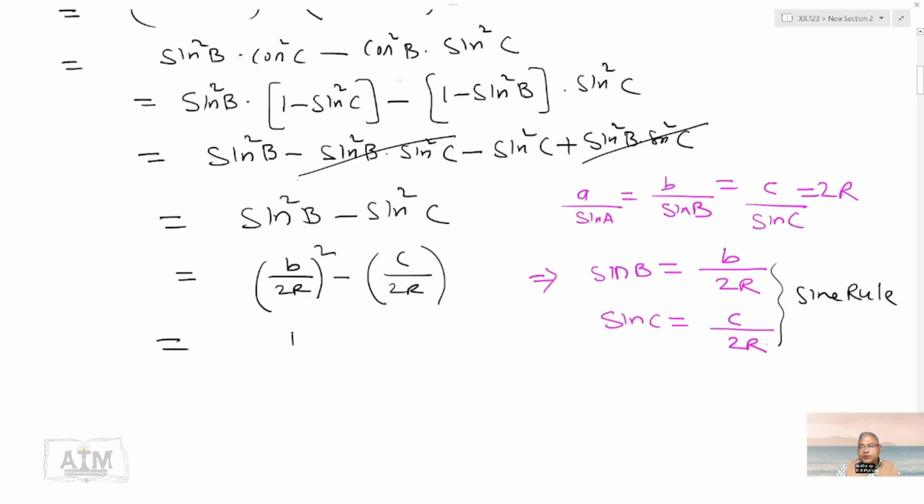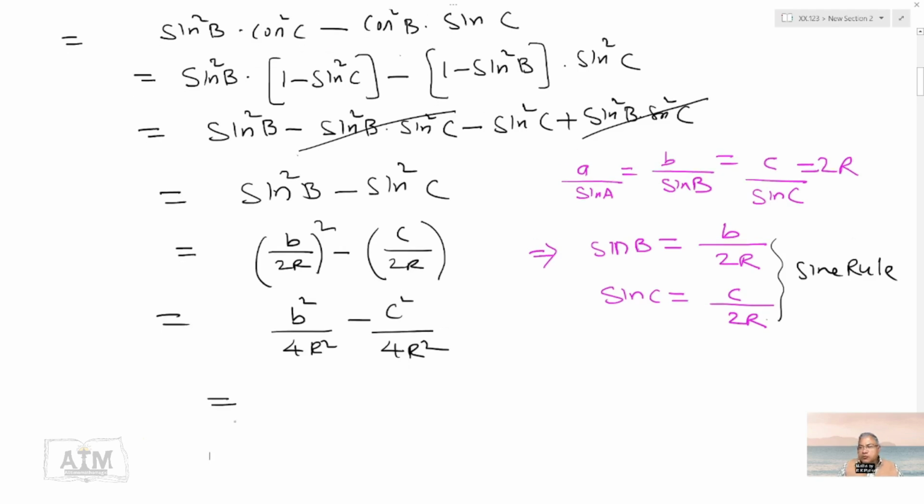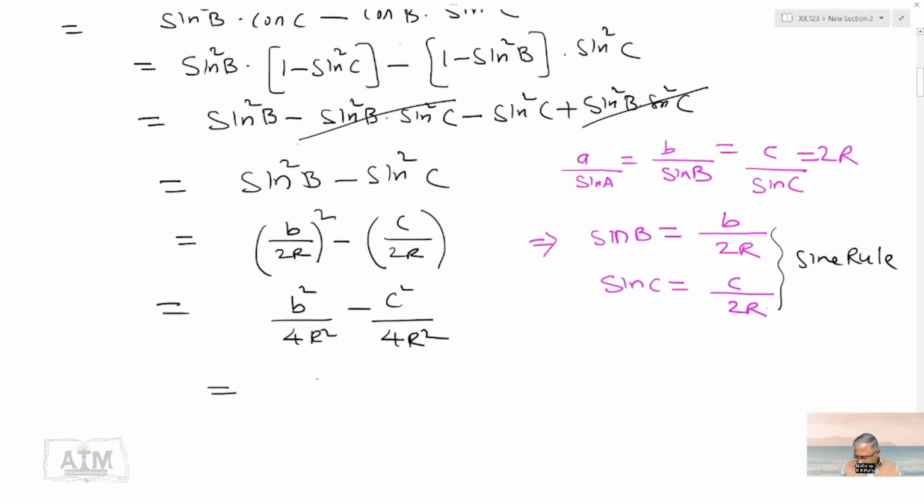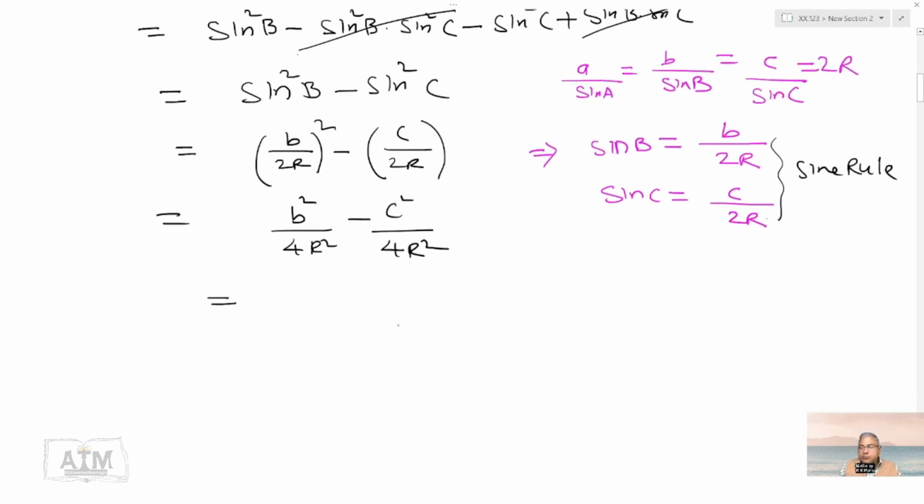So this is equals to b square upon 4R square minus c square upon 4R square, which is equals to b square minus c square upon 4R square equals to RHS. Therefore LHS equals to RHS. Proved.